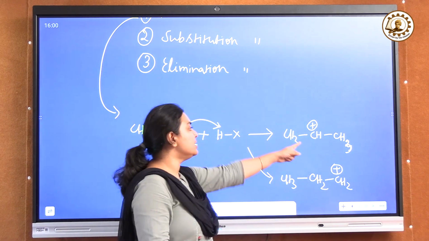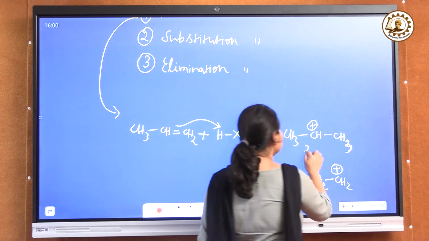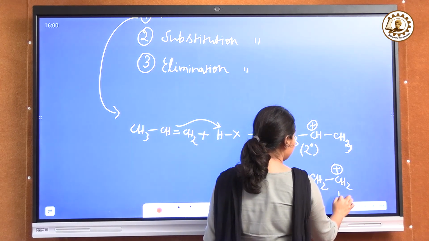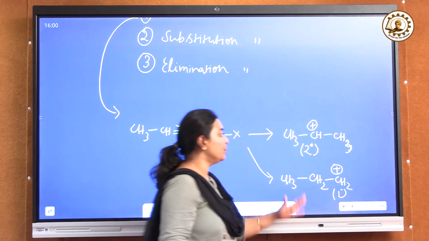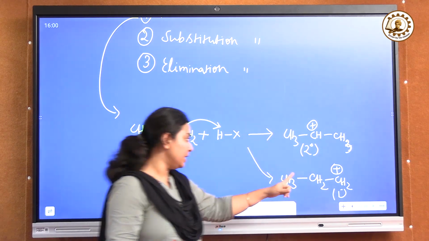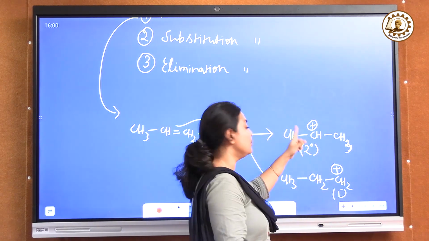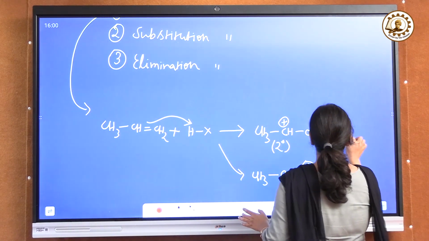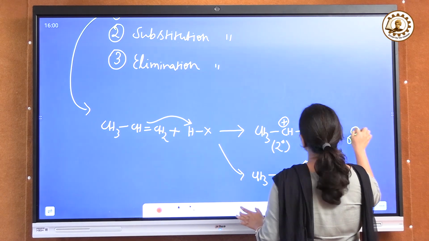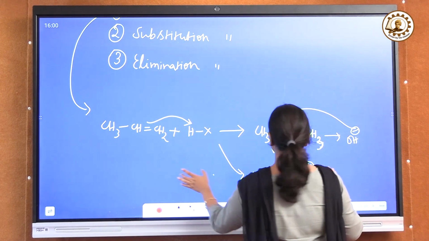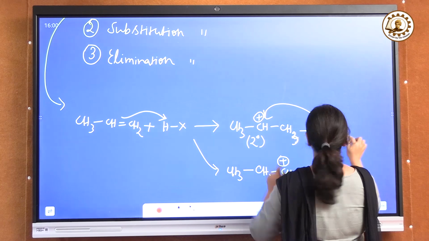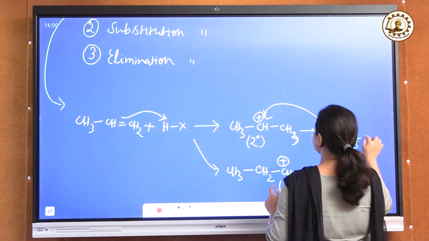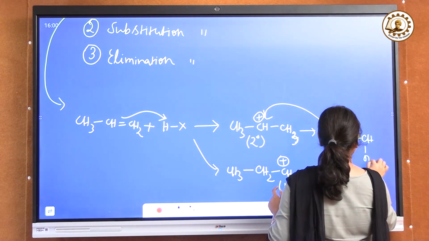So this is a 2 degree carbocation, and this is a 1 degree carbocation. As we know, a 2 degree carbocation is more stable compared to 1 degree, and it is more substituted. So now if a nucleophile attacks at this site, it will produce a more substituted alcohol.